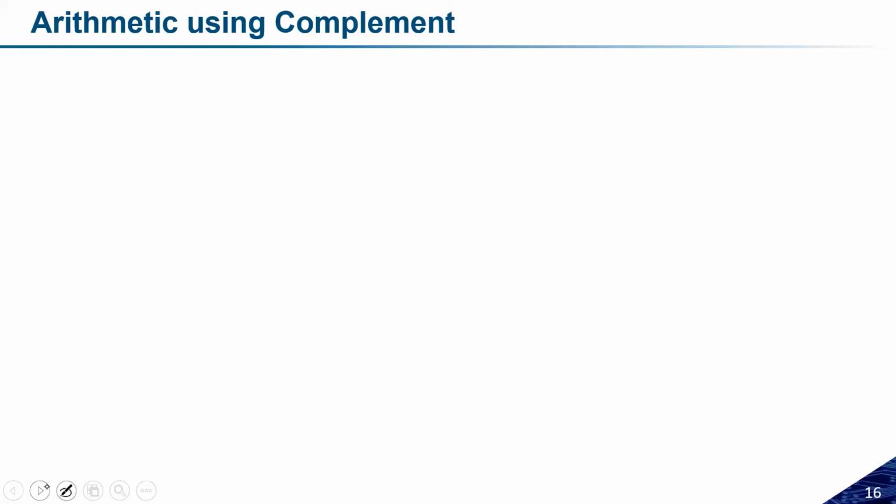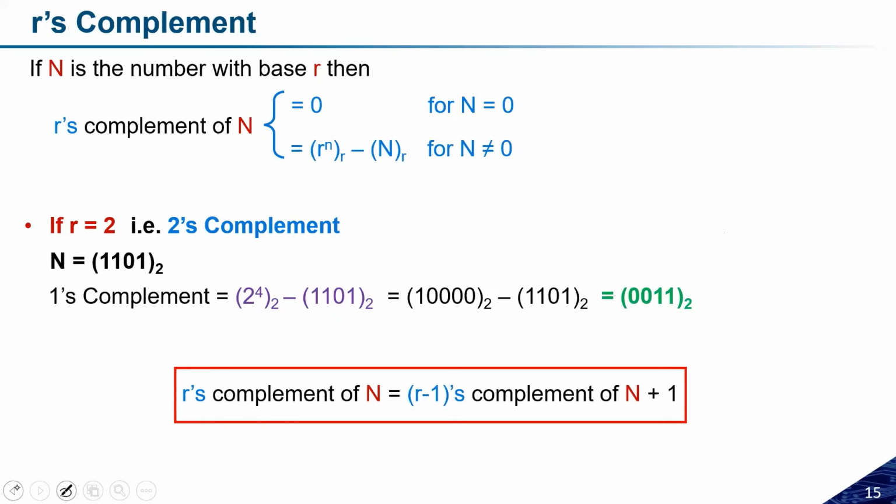Excuse me, sir. Yeah, please. Sir, in the last slide you said that the 1 gets borrowed, like if there is a 0 0, then it gets 1. But what if there is a fraction part, like 0.00001? Yeah, the fraction part we can handle in the same way.